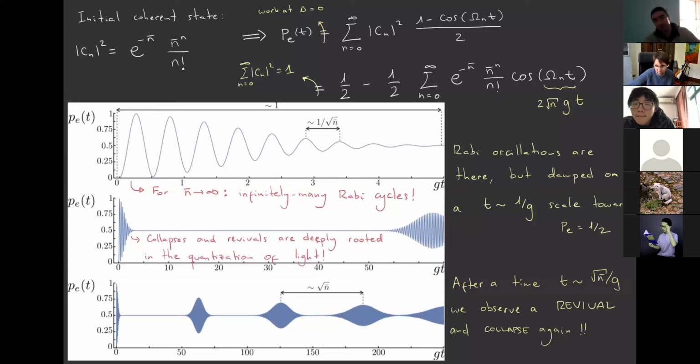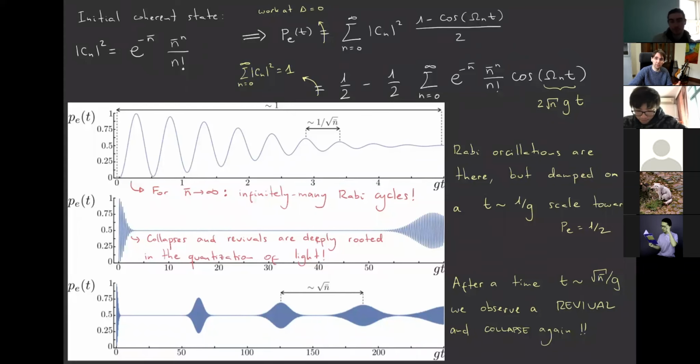We will see in a second why this is the case. But I just want to tell you before we make a break that whenever you see this kind of behavior of collapses and revivals, that's really a signature that you have some kind of discreteness and some kind of quantization of your energies, in this case. And therefore, this is a purely quantum mechanical effect, really a smoking gun for quantum mechanics.